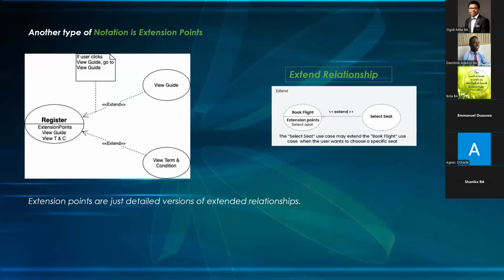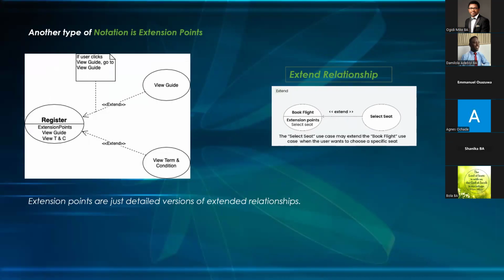Mike, go on. I was going to ask, is it safe to assume that every time we talk about extend relationship, it's an unhappy path? I want to be very careful. I just use that as an analogy. We usually don't use it as happy path or alternative path.